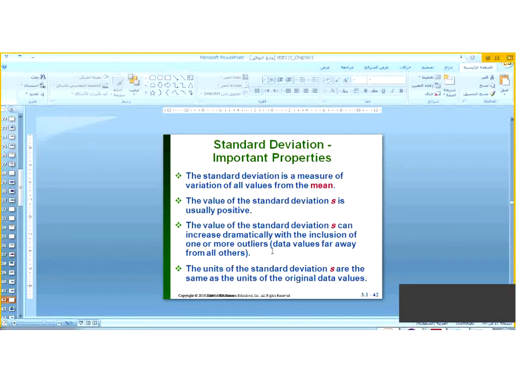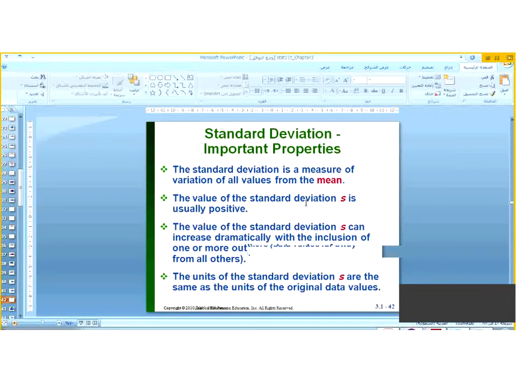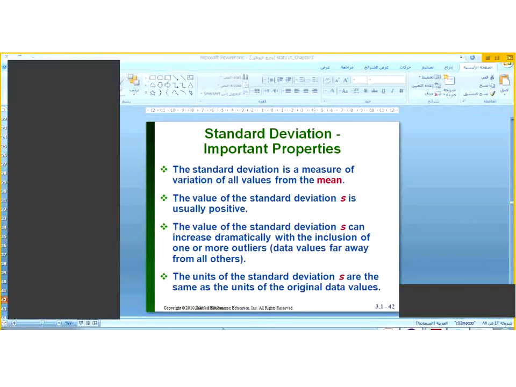Here it says that the standard deviation is a measure of variation of all values from the mean. So it calculates how much the variable varies around the mean. The value of the standard deviation is usually positive. Why does it say usually positive?